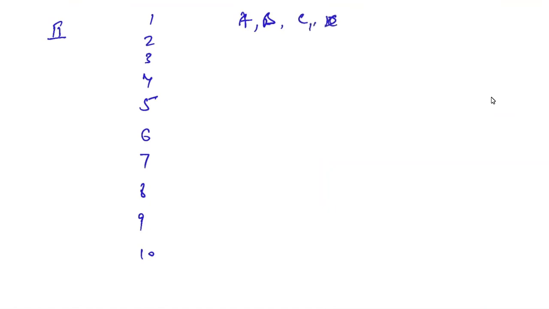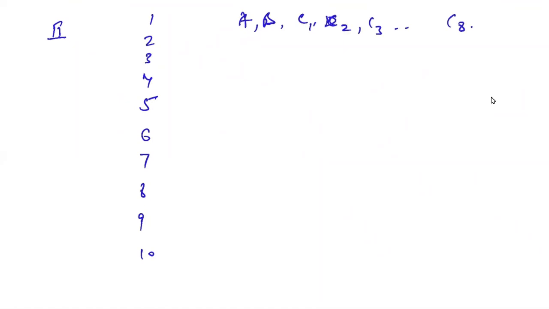Second method. Positions 1, 2, 3, 4, 5, 6, 7, 8, 9, 10. A and B are 2 students, other than C1, C2, C3 up to C8. 8 students are there, right?